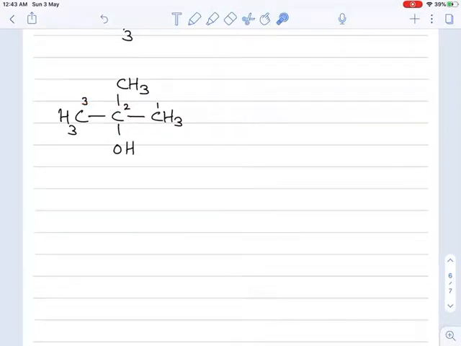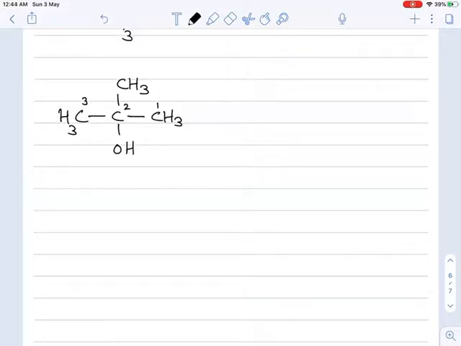If we number from this side, again it is carbon number 2. So this is a 3 carbon containing straight chain to which this methyl and OH are substituent groups. So how do we write the IUPAC name for this compound?